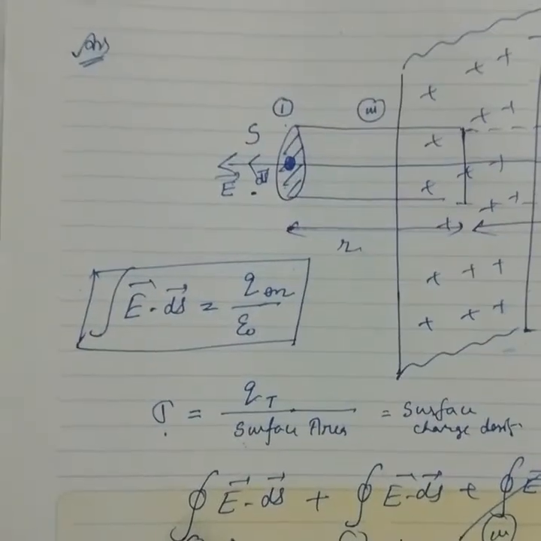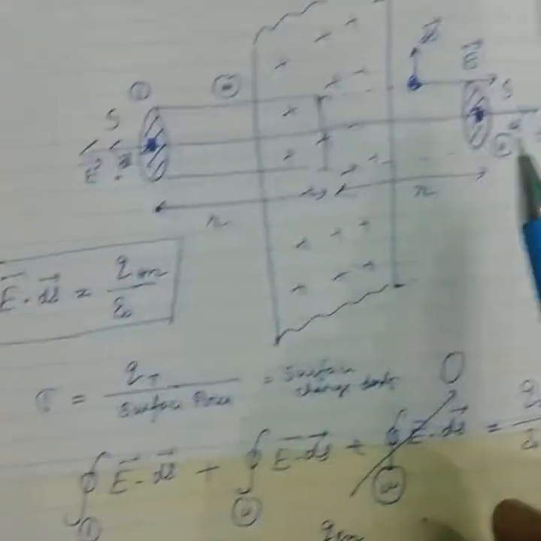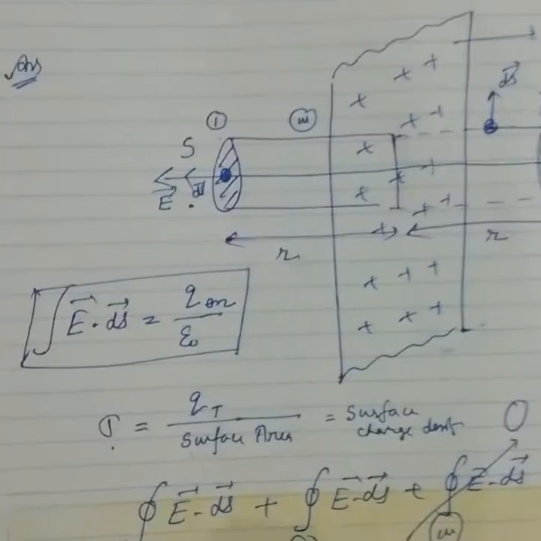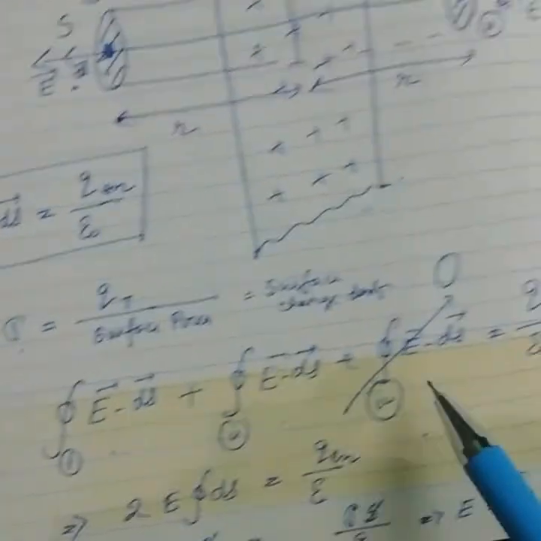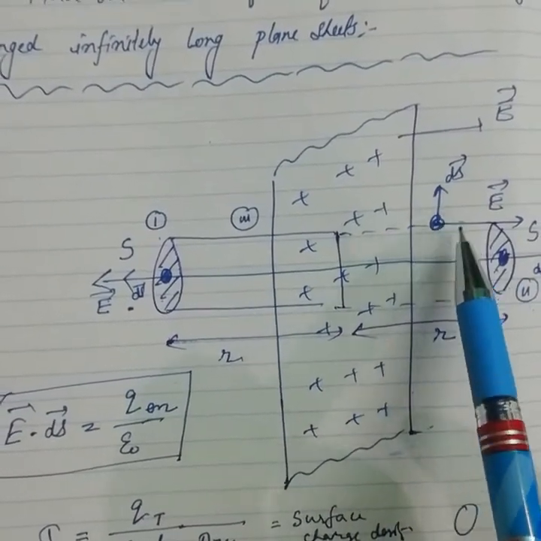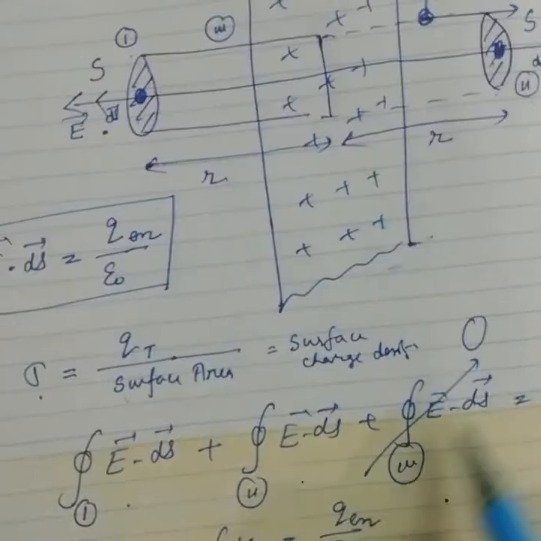Now the angle between E and dS for number 1 is 0. Similarly for number 2, the angle between E and dS is 0. So these two become positive, 1 and 2. For number 3, the angle between E and dS is 90 degrees, so cos 90 is equal to 0. This is going to be 0.